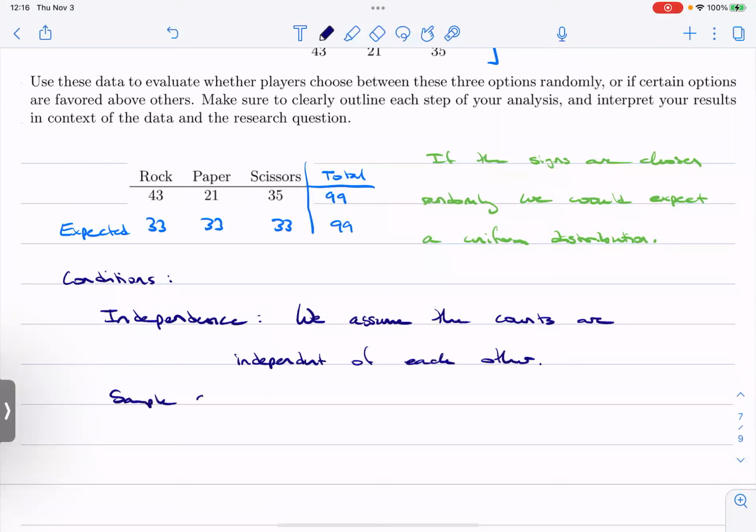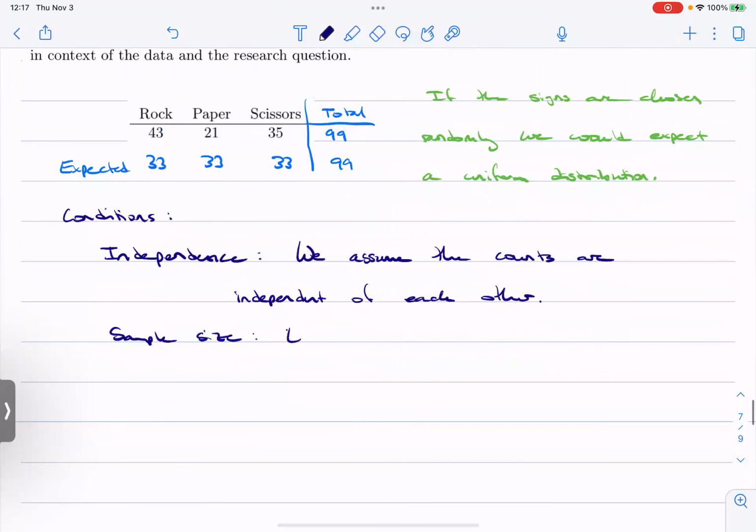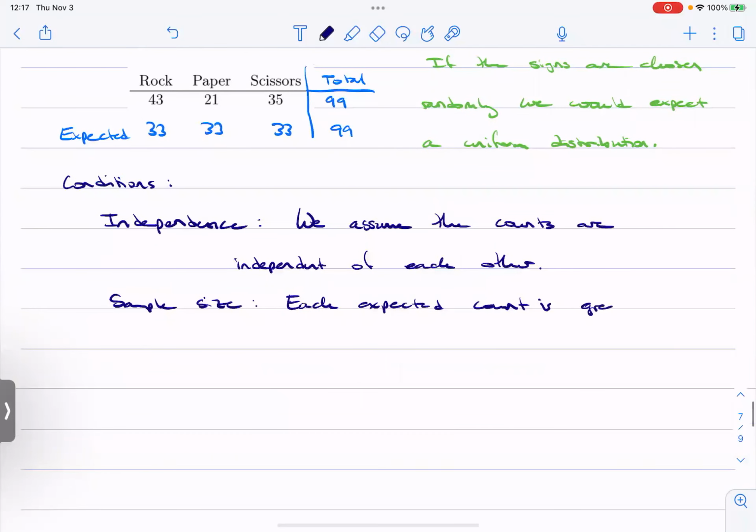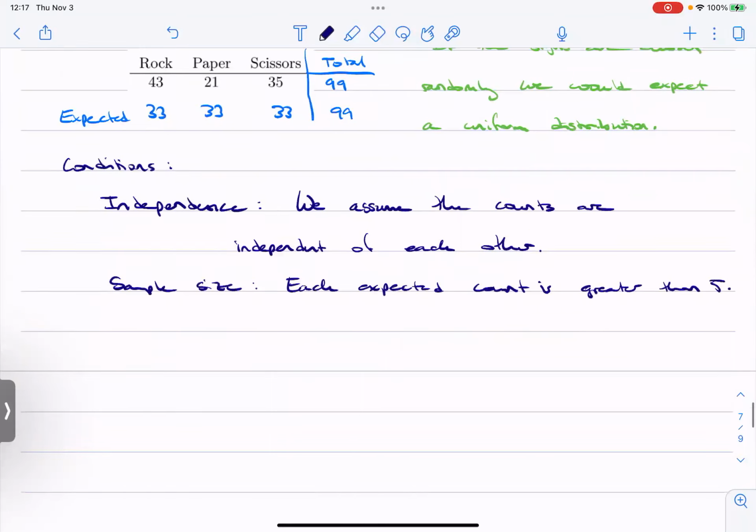And the sample size condition: the expected counts are all 33, which is larger than 5, so each expected count is greater than 5, and we're good to go. I know I'm pushing it here.